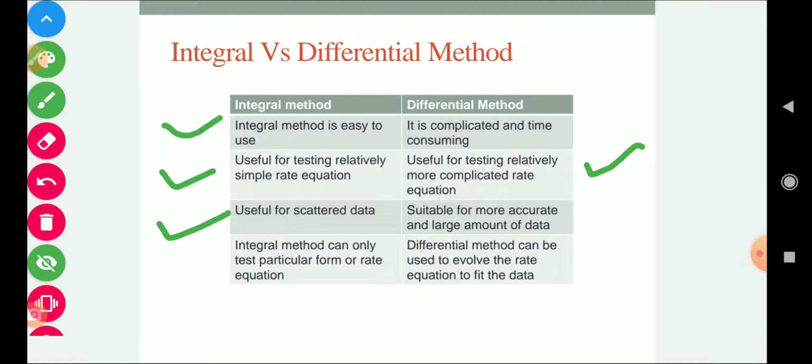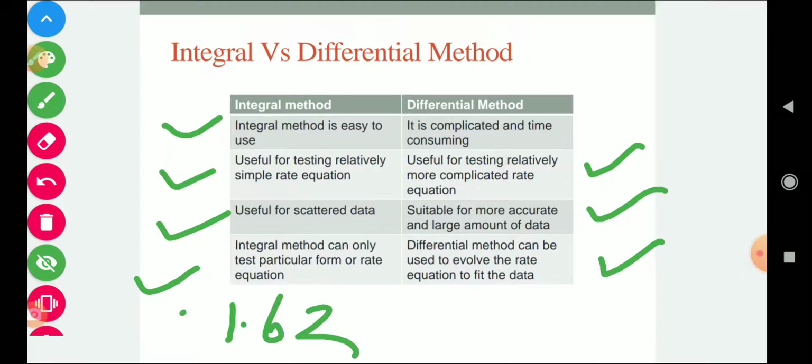But on the other hand, differential method requires more accurate and large amount of data. The integral method can only test particular form of rate equation. On the other hand, differential method can be used to evolve the rate equation to fit the data. So, for example, if you have order of reaction 1.62, it is very difficult to solve by integral methods, because in integral method you assume order of reaction, we normally assume 1, 2, 3 like that.